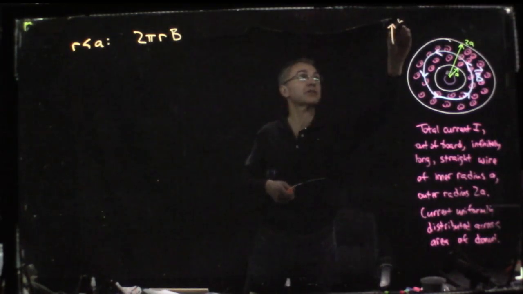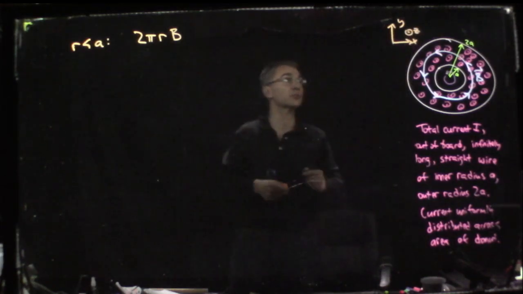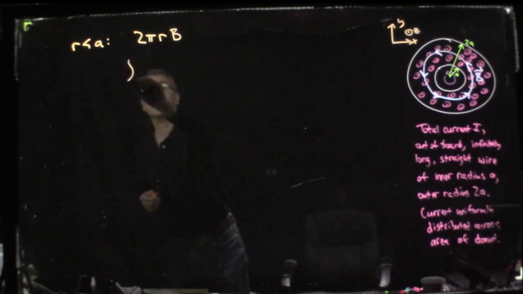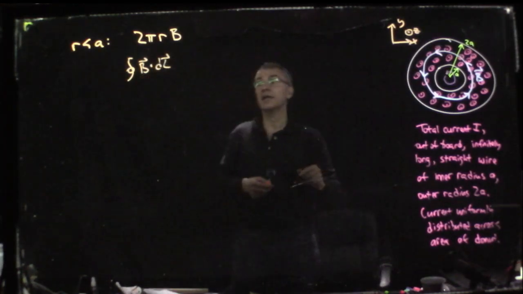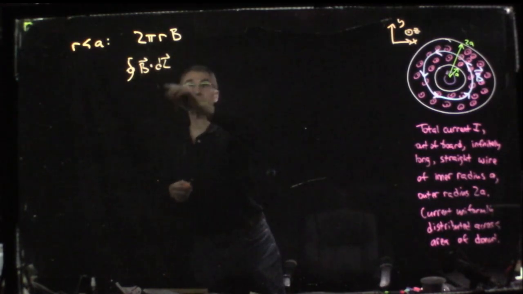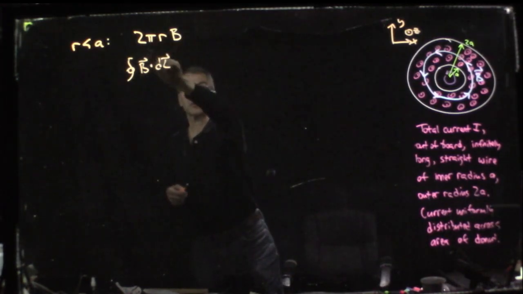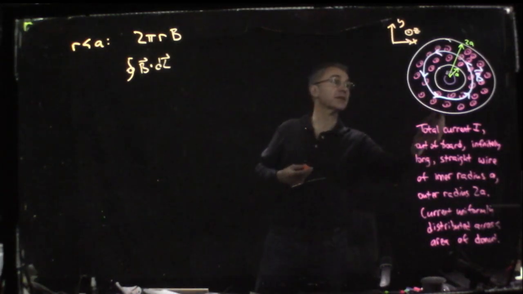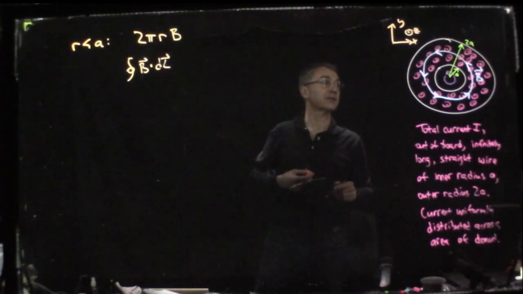Normally I would call this y and this x, and I would say that z is pointing out of the board. So 2 pi r B is the same thing as this line integral of B dot dl. We just went around a circle, so the distance we went was 2 pi r, and I just multiplied by the magnitude of B because my little Ampere loop is always parallel to the magnetic field.